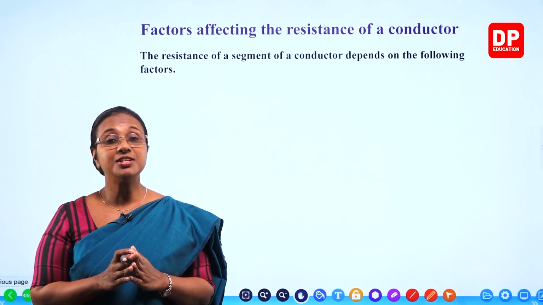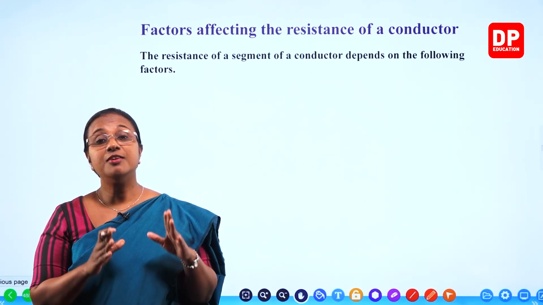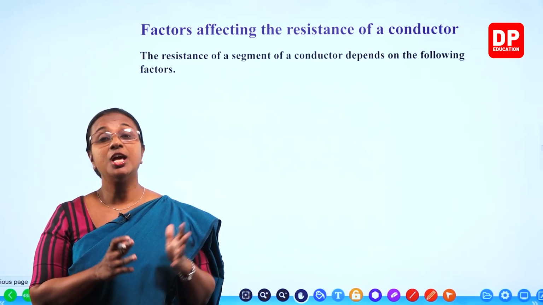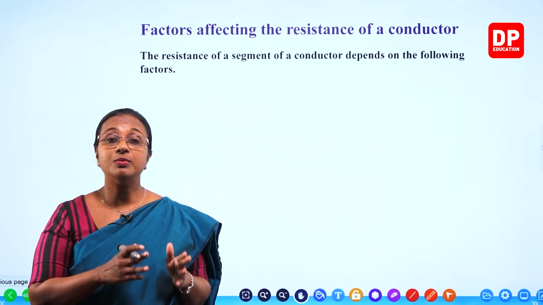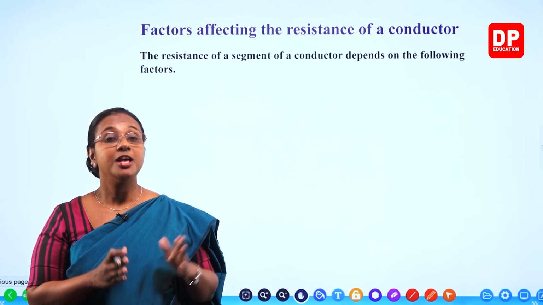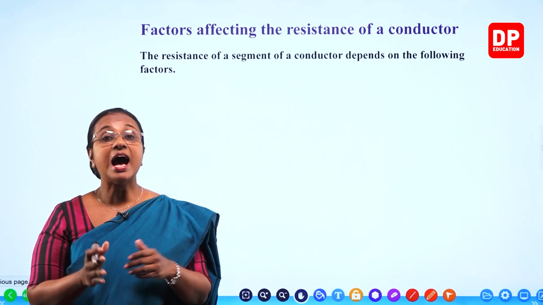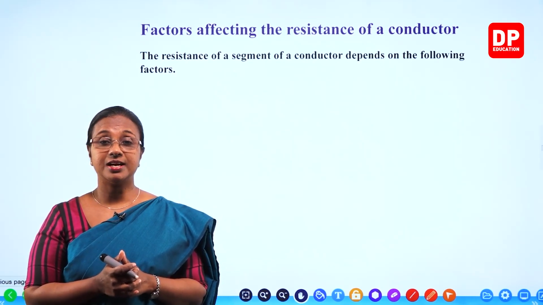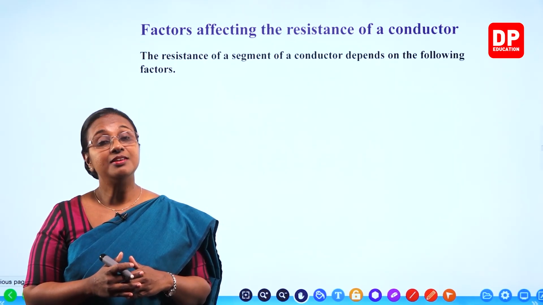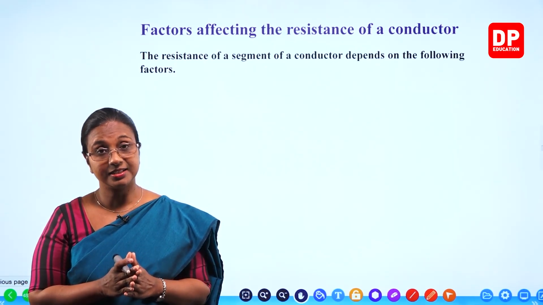So from that relationship we come to the final equation V equals IR. V is the potential difference, I is the current flowing through the conductor, and R is the resistance of the conductor.